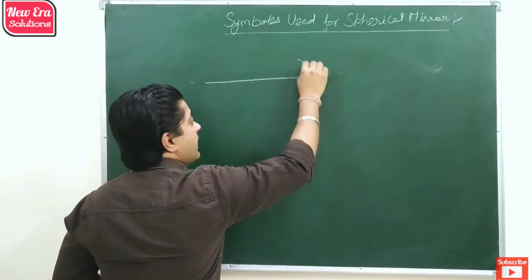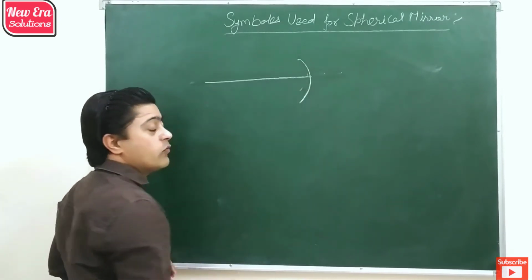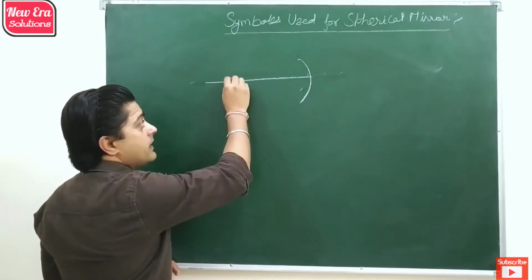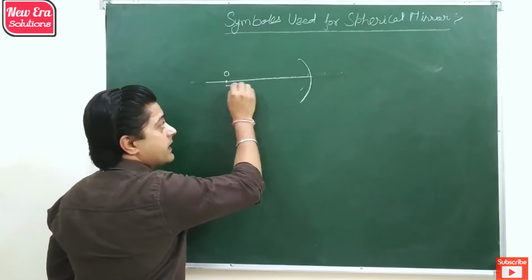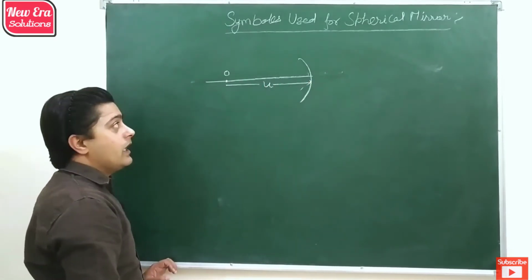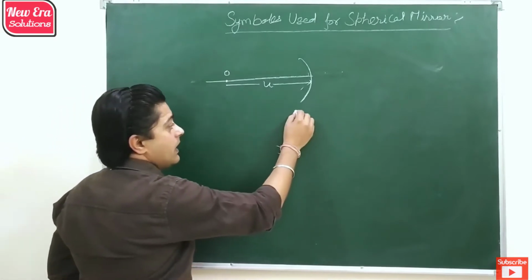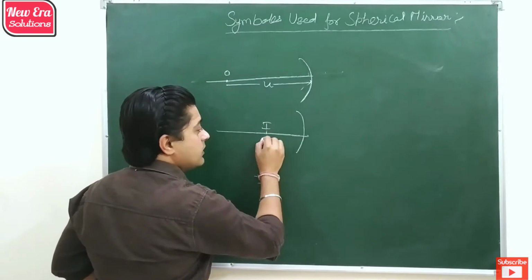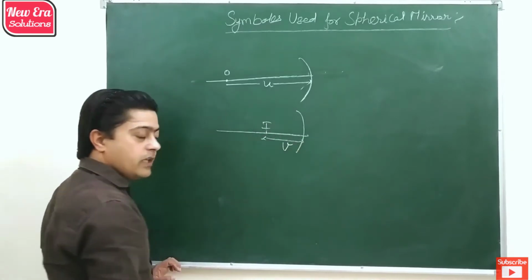So if we have a parallel axis for a spherical mirror, then the distance at which the object is placed is known as u, and the distance at which the image is formed is known as v.